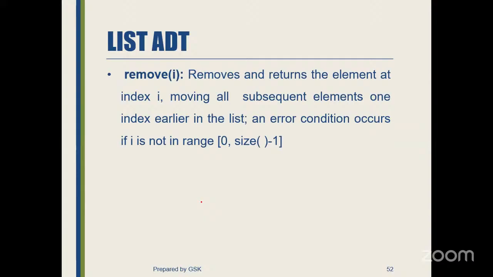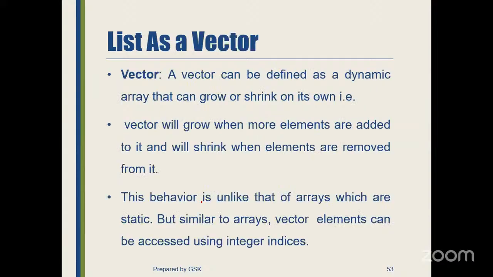So it is used to delete an element from the given index, and the remaining elements will be moved forward by one. Whenever we are working with remove, the i value should be a valid index within the range. That is a common property for all operations.